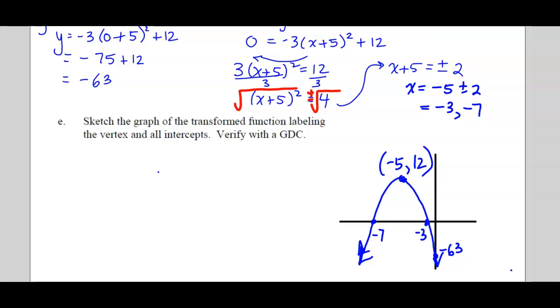Get out your graphing calculator. You can enter that on your own and just check.